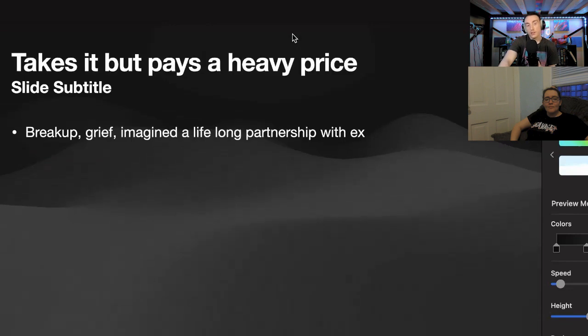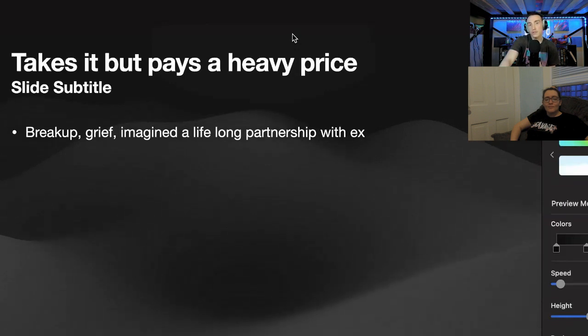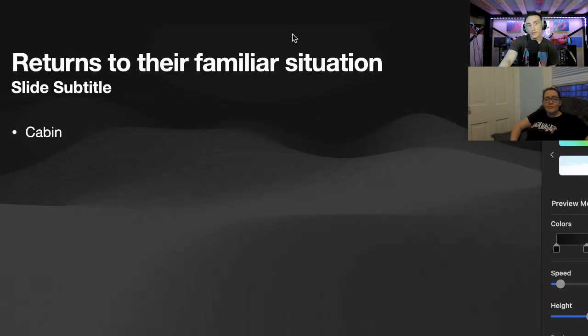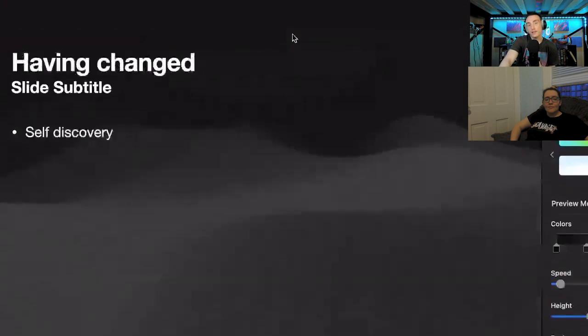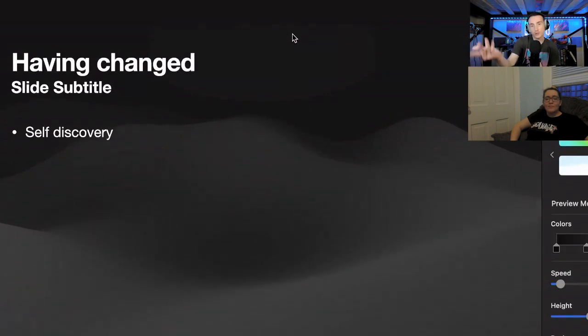The heavy price for her during this whole journey was realizing that the breakup really affected her. She had to grieve the breakup because she had imagined a lifelong partnership with this person, and that was now shattered. Eventually, after those 7 days, she returned to the cabin, and she had learned more about herself and what she wants for her future as well.